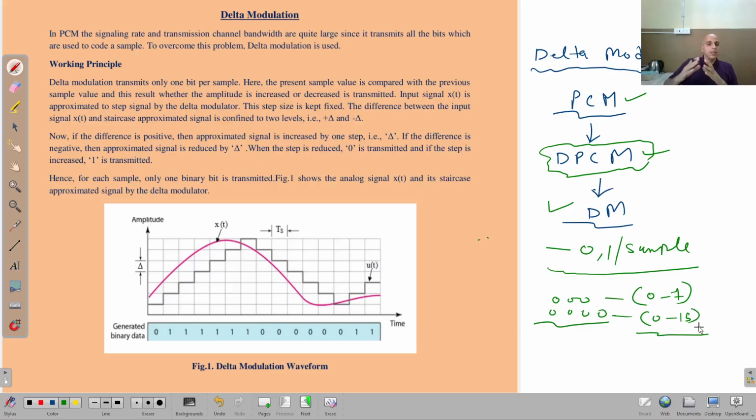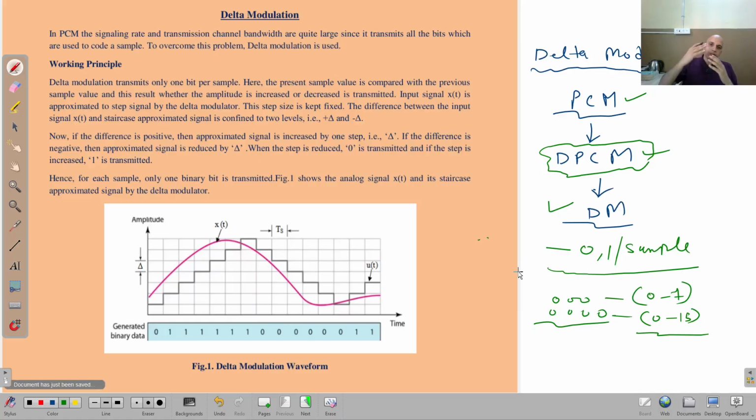But here in delta modulation we are using only one bit, either 0 or 1, for one sample. This is the difference. So you can see the required bit rate decreases drastically. Earlier we were using 4 or 8 or 16, but now we are using only 1. So in turn it reduces the transmission channel bandwidth required for these signals. So this is the working principle of delta modulation.